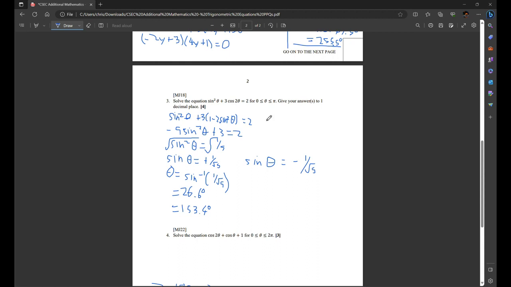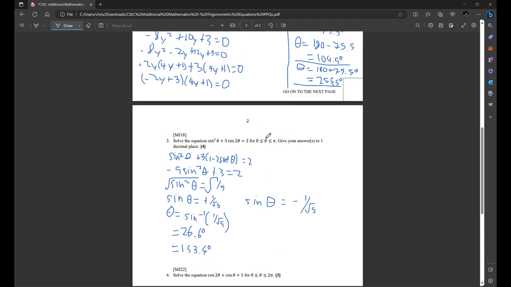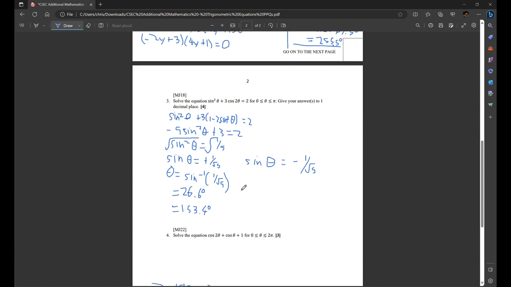Oh, actually guys, you know what I forgot that I've been telling you all this time? I forgot to check my range. But my range this time is actually in radians. So instead of putting it in degrees, I'm going to write it in radians. Now, you don't exactly have to do this, but it's a nice touch. If they give you the range in radians, it's good if you give them the angle in radians.